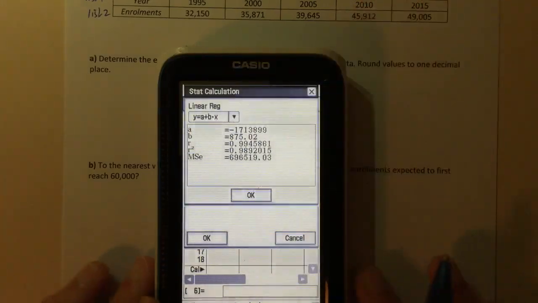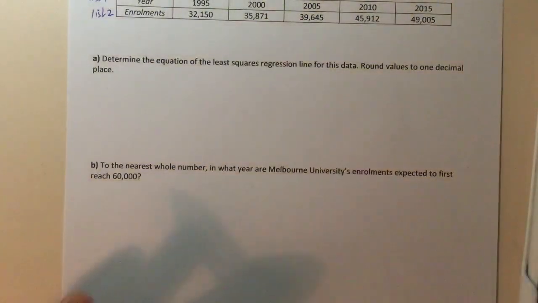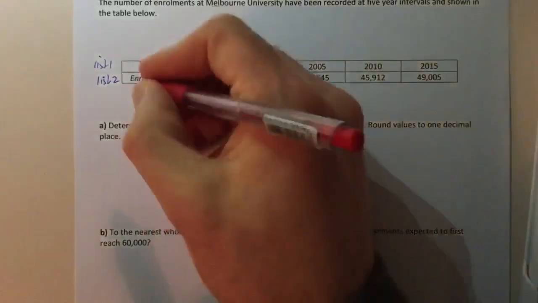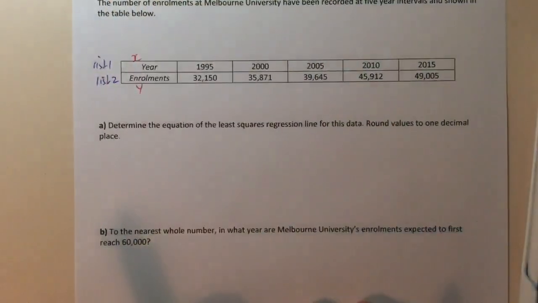So remember that y is the enrolments, and x is the year.